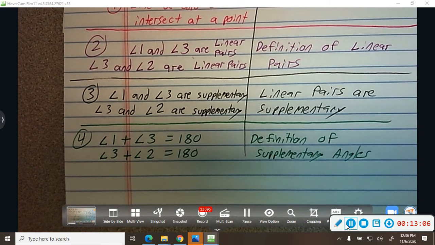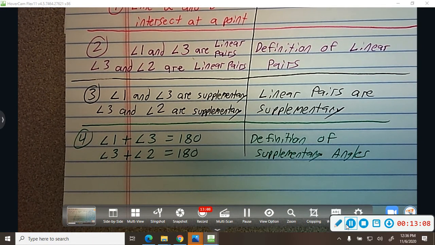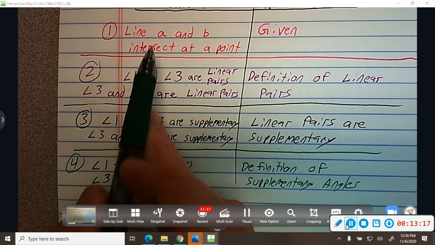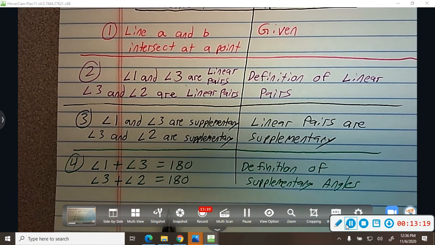Alright, so I have pretty much a really, really long proof. It's almost like I'm trying to write this out as long as I can. But if I was writing this proof, I would probably just start off here and then jump to that they were supplementary. I probably wouldn't have step 2 and 3. So I'm showing you how long a proof can be.